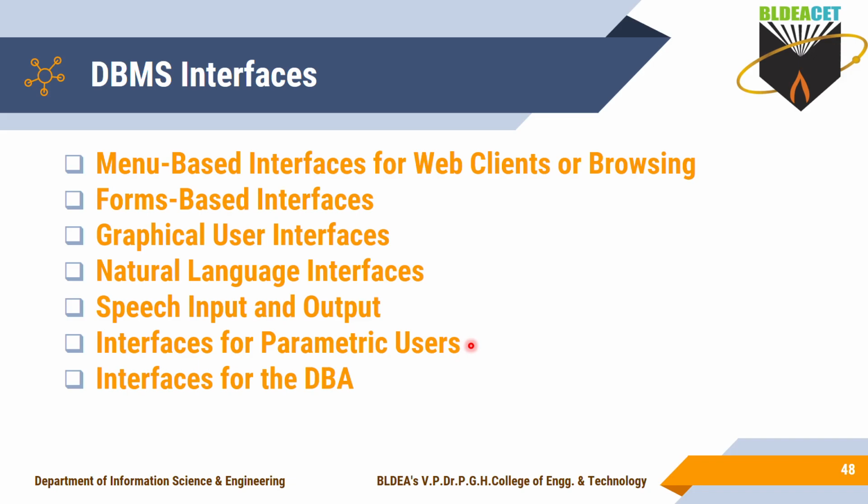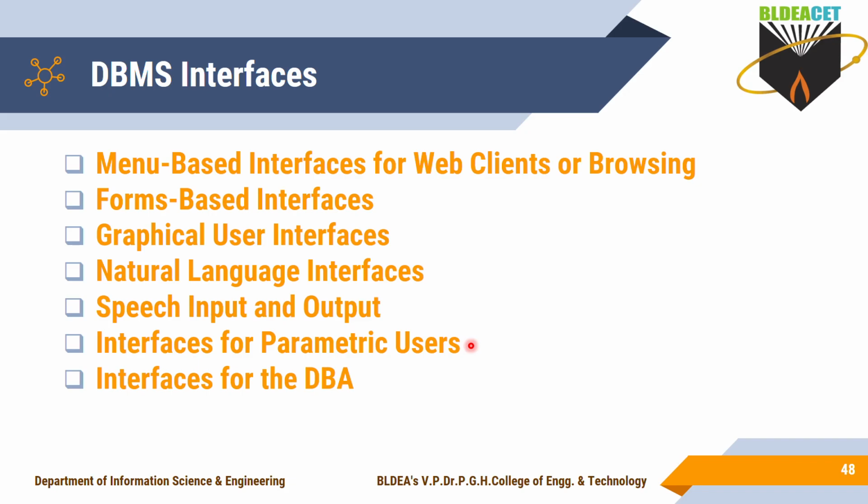As you already know, the example I gave for parametric users was bank tellers. The work of the bank tellers is what? They have to deposit amounts, withdraw amounts, and check the account balance. For that they have to modify the database. For modification, what operations do you require?